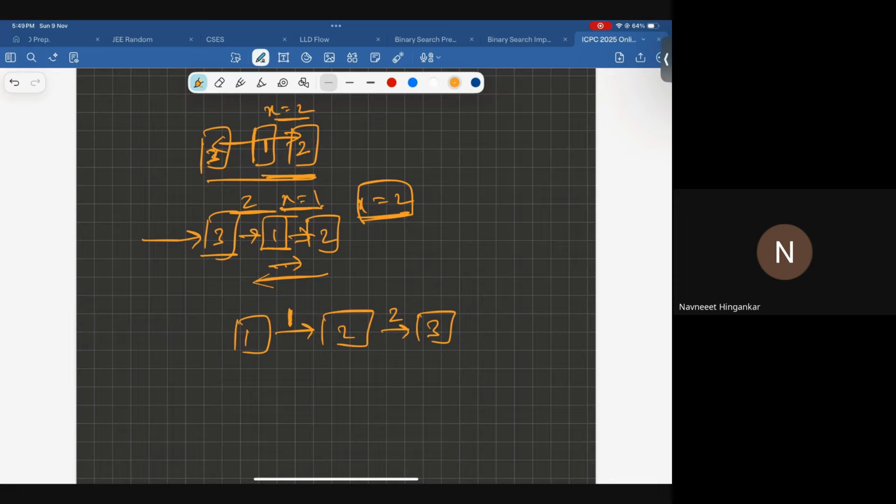But I will just use the definition used in the task, that x should initially be 1. So the moment I need to go from 1 to 2, this value should not be equal to x. I went from 1 to 2, x became 2, and then from 2 to 3, this value should not be matching and x became 3. So how can you say that my value has compulsorily been incremented to at least 3? How can we say that?